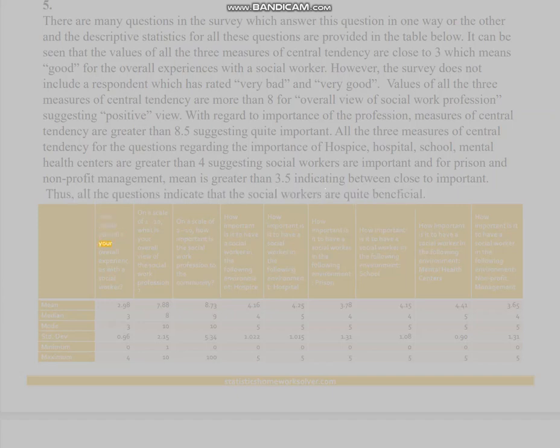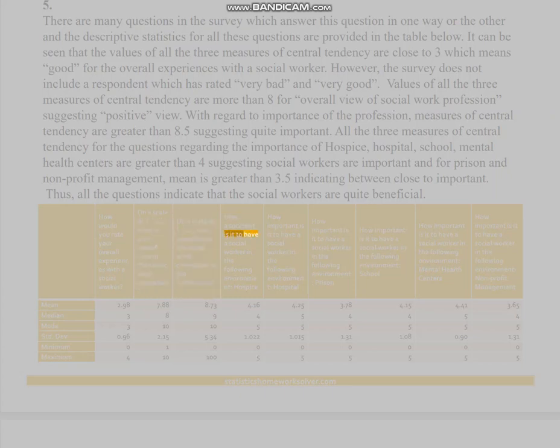How would you rate your overall experience with a social worker? On a scale of 1 to 10, what is your overall view of the social work profession? On a scale of 1 to 10, how important is the social work profession to the community?